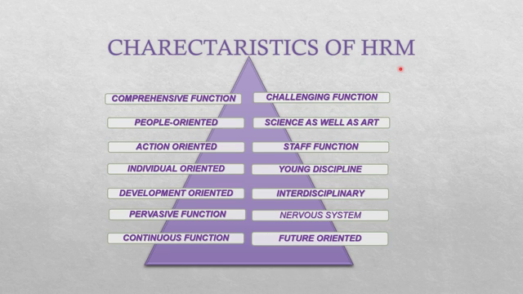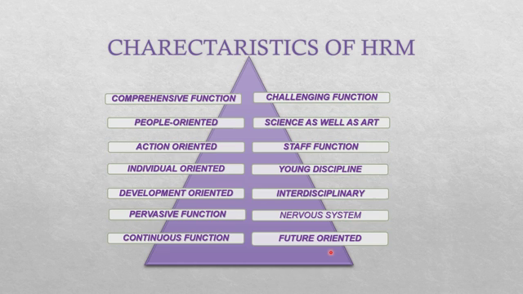The last point of discussion is future oriented. Future oriented means whatever coordination of efforts is being made, it's for the achievement of future goals for both the individual as well as the organization. Human resource management is concerned with people helping an organization to achieve its objectives in the future by providing competent and well motivated employees.